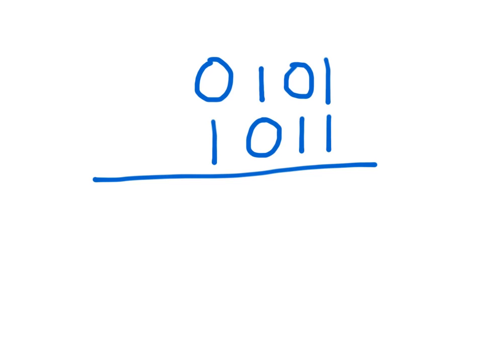So we're going to say 1 times 1 is 1. And of course, if it's times 0, it's just 0. And then 1 times 1 is 1 again. And then 1 times 0 is 0.